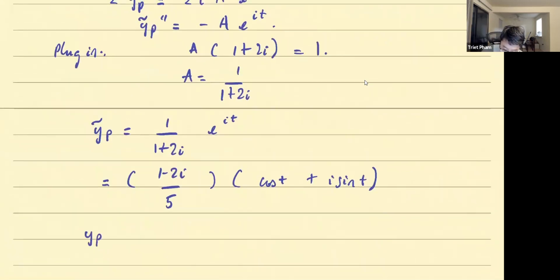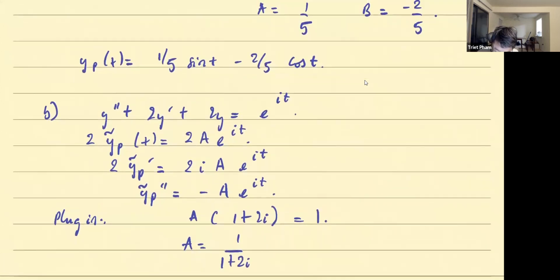But yp then is the imaginary part, the part that runs with the i, which will have minus 2/5 cosine and then 1/5 sine. Are we okay? Any question? Is that the one that we got? Yeah.